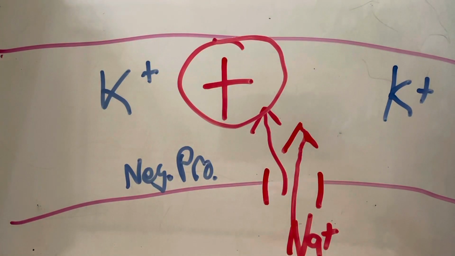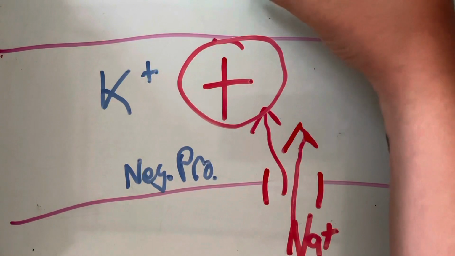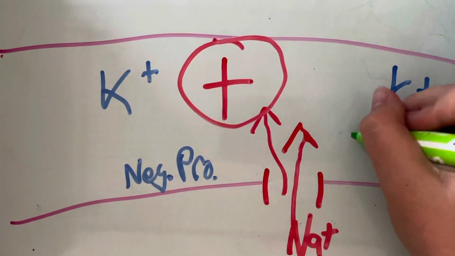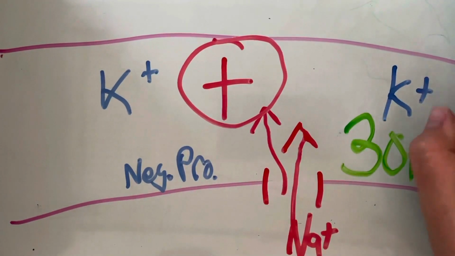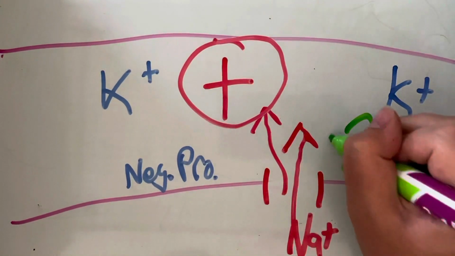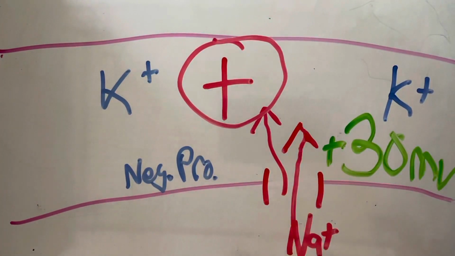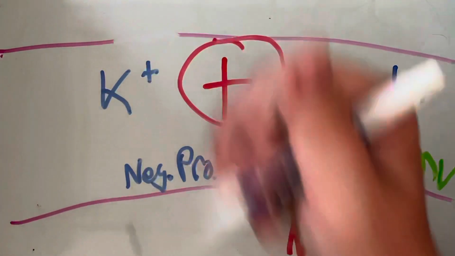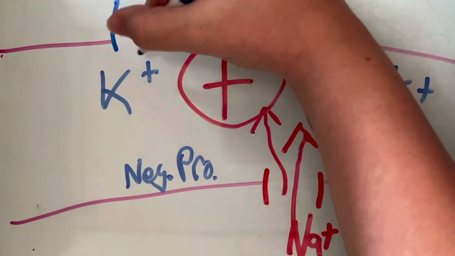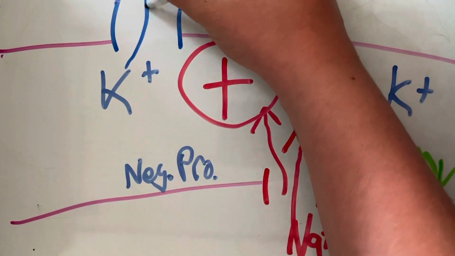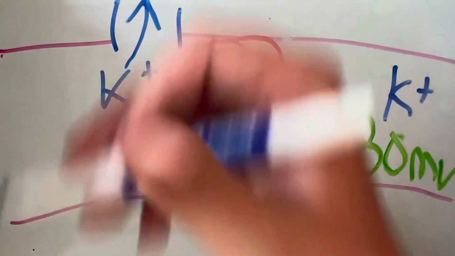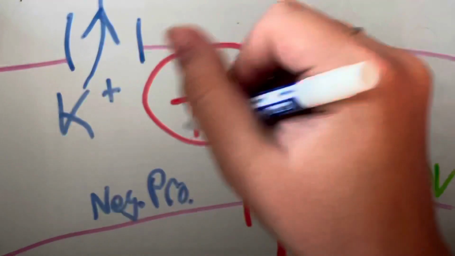As the positively charged sodium ions enter the axon, the charge of the neuron goes up, and once it reaches a positive 30 millivolts, another channel for potassium opens up, and then the potassium ions go out during a process called repolarization.